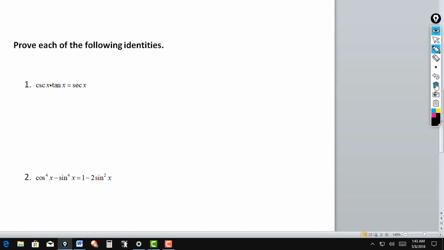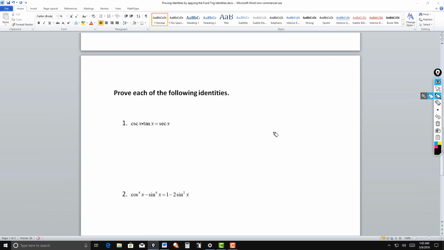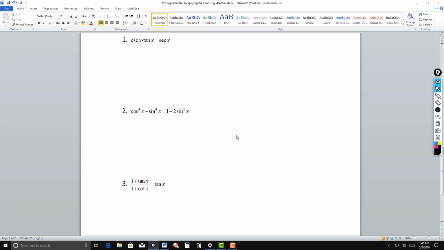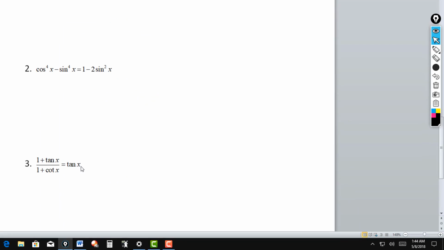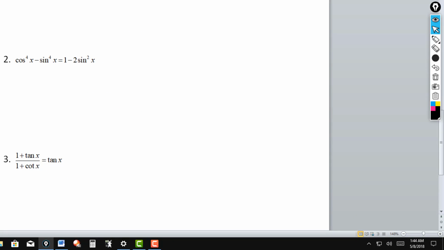Okay, let's clear this. Look at the next one. We're trying to show that 1 plus tangent x over 1 plus cotangent x is equal to tangent x. It should be clear that the left side is more complex than the right side, so I'm going to start with the left side.